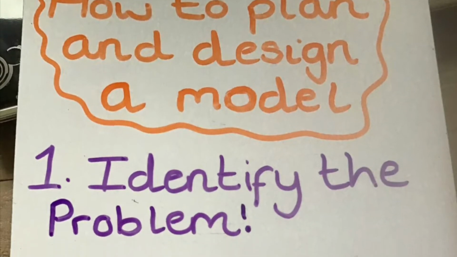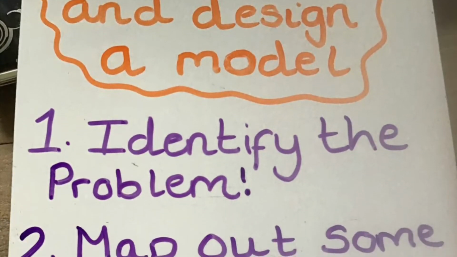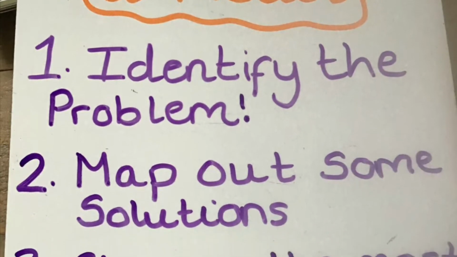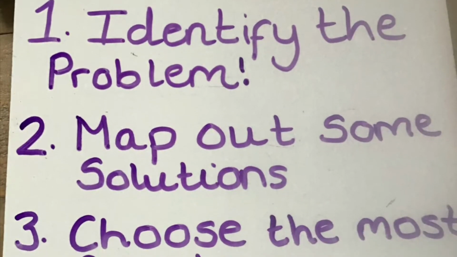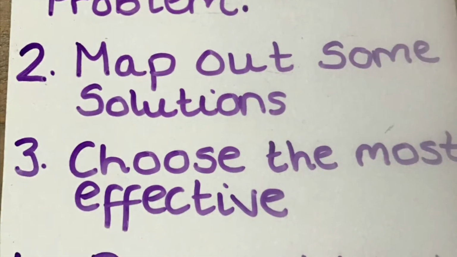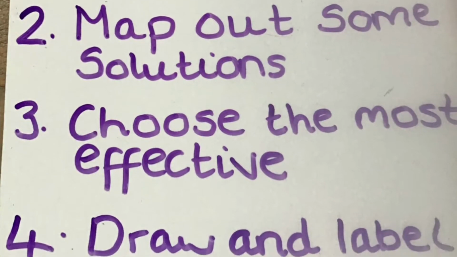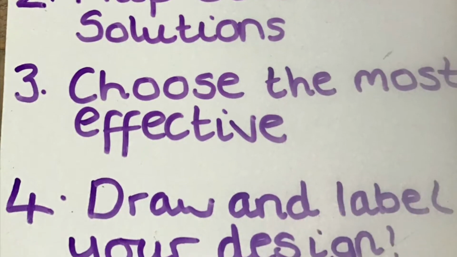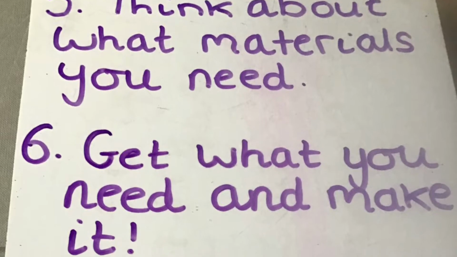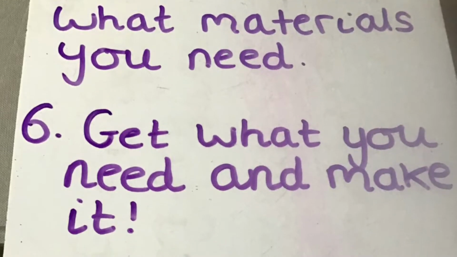So the first thing you need to do is identify the problem. What is it that you have a problem with the weather affecting you? Then you need to map out some solutions. How could you solve that problem? You then need to choose the most effective solution and then draw and label your design. In the next part, you will need to think about the materials you need.